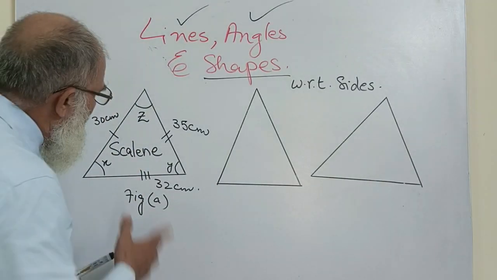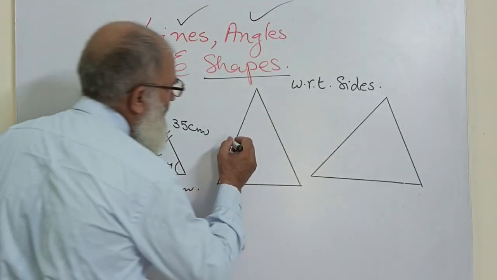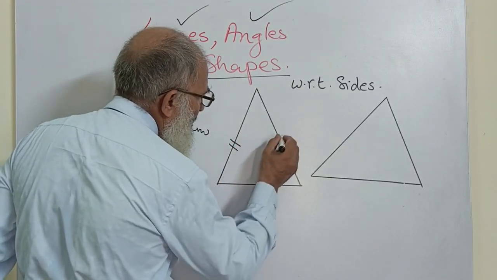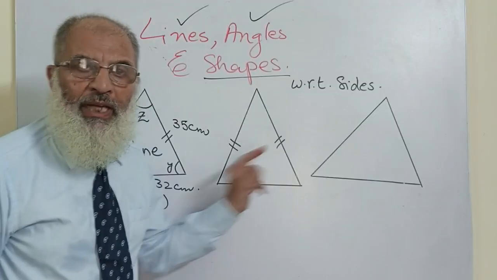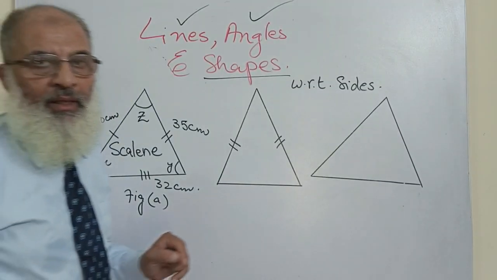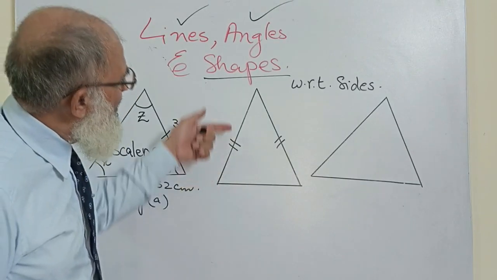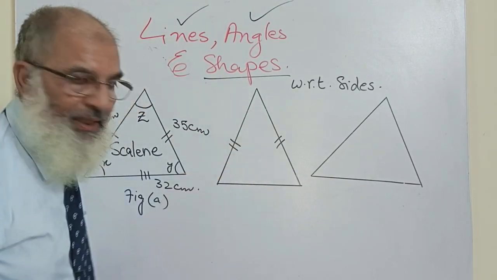The other triangle is this, and these two short lines indicate that this side is equal to this side.